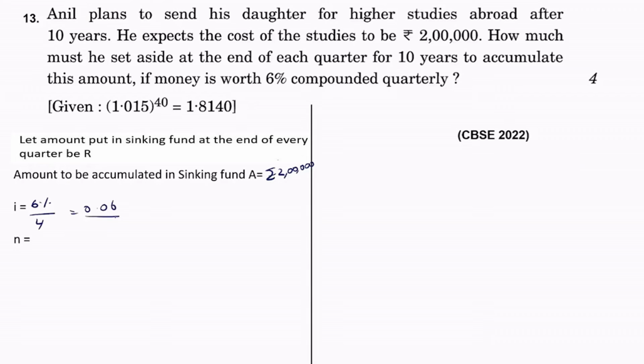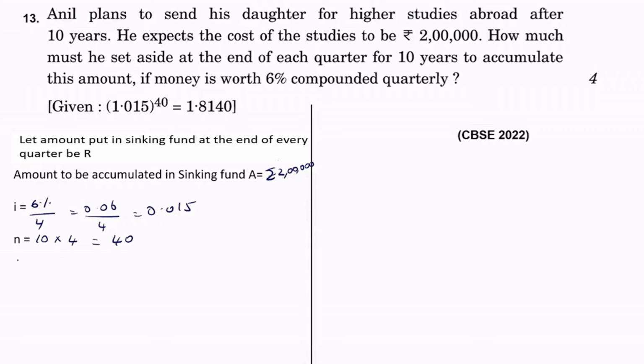It is 0.06 by 4, which is 0.015. Next we have N. It is set aside at the end of each quarter for 10 years. So it is 10 into each year has 4 quarters, into 4. So this is 40.